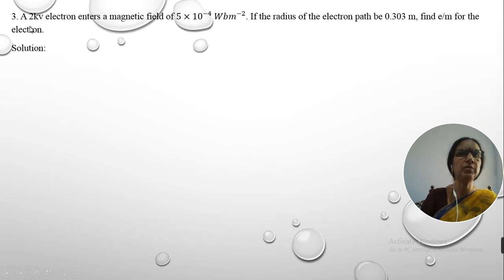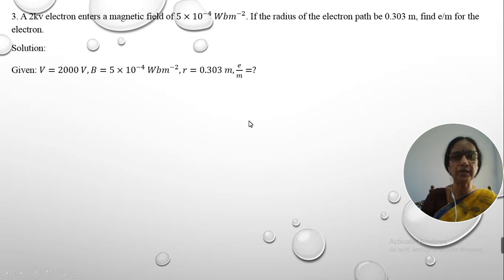Okay, next problem. A 2 kilovolt electron enters a magnetic field of 5 × 10^-4 Weber per meter square. If the radius of the electron path is 0.303 meter, find e by m. Okay, e by m is asked to calculate. Write down again a similar condition.